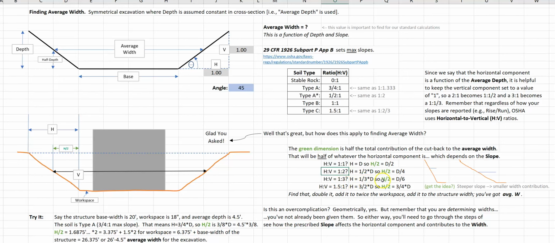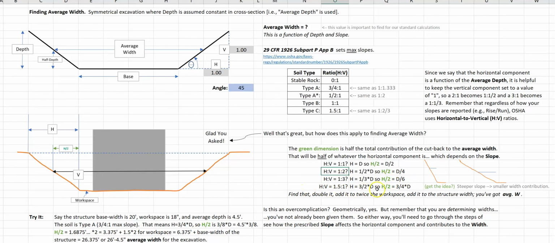And so h over 2, this small component or half component that gets added into either side, is going to be, if that's d over 3, then half of that's going to be d over 6, the average depth divided by 6, or 1/6 of it. Okay, so you can see again, the steeper the slope, the smaller the width contribution. It's getting much steeper here, and so this denominator is getting larger. As it gets larger, the overall value gets smaller.